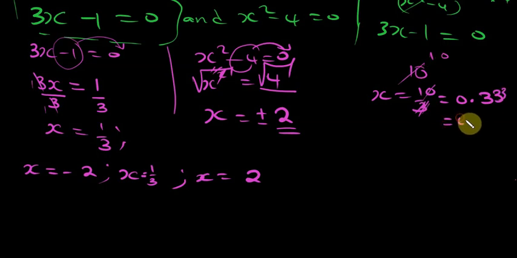So it's recurring, 0.3333 until infinity. It does not stop. We'll just leave it to 2 decimal places for now, 0.33.